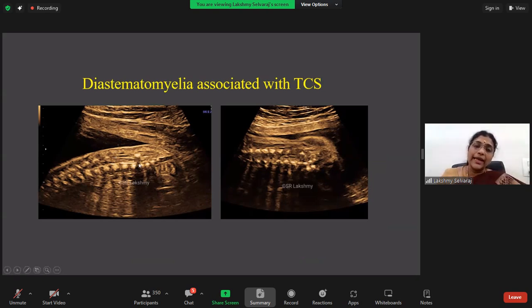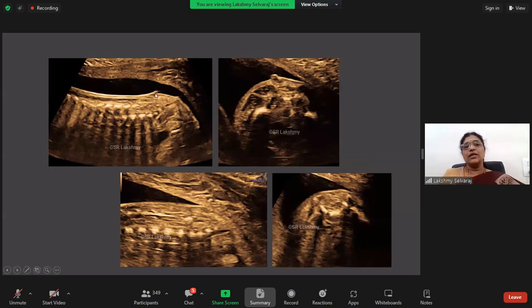Now, once again to reiterate, whenever you see a bony spur and you know it's diastematomyelia, especially if it is in the lumbosacral region, the chances of a tethered cord are very, very high. If you try and look at the conus here, it is absolutely difficult to find, and you see the cord actually tracking down to the level of the bony spur, and you see a small appendage, a small skin.